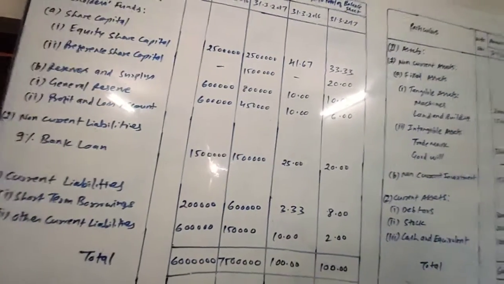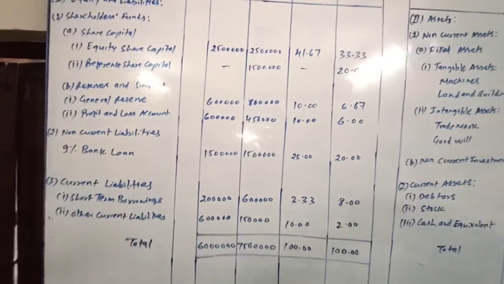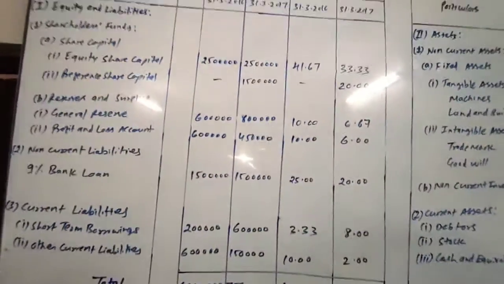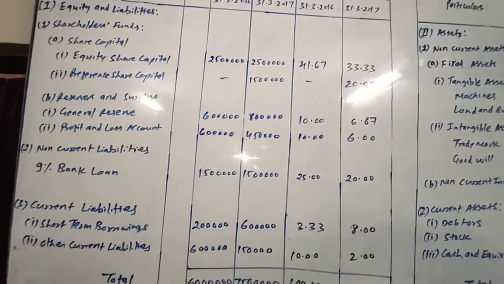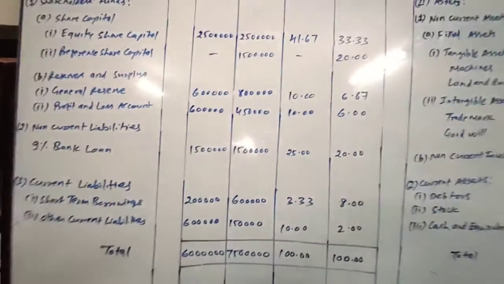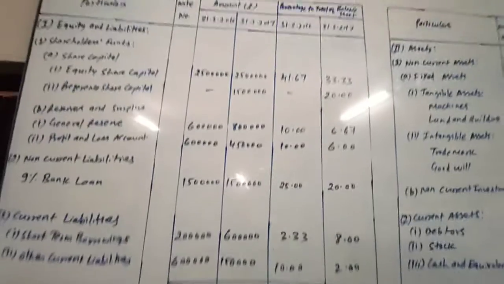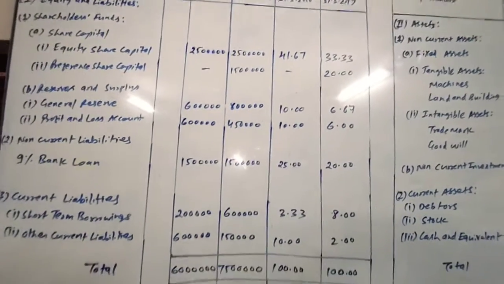In reserves and surplus, the first item given is general reserve, which is 6 lakh in the year 2016 and 8 lakh in the year 2017. When we convert this into percentage, 6 lakh upon 60 lakh into 100, we get 10%, so 10.00 in the column of percentage.